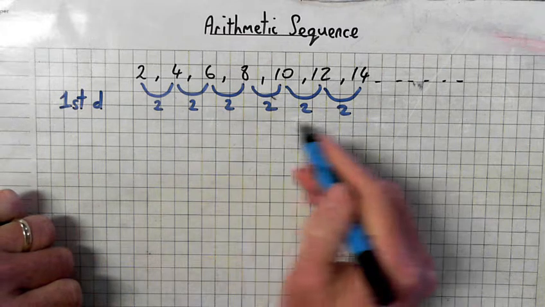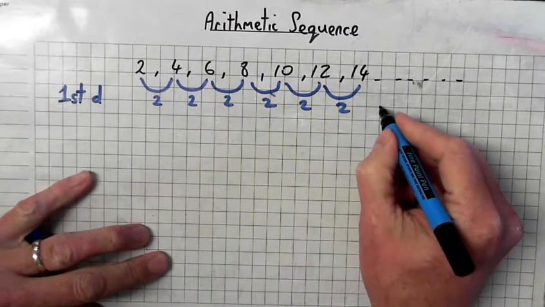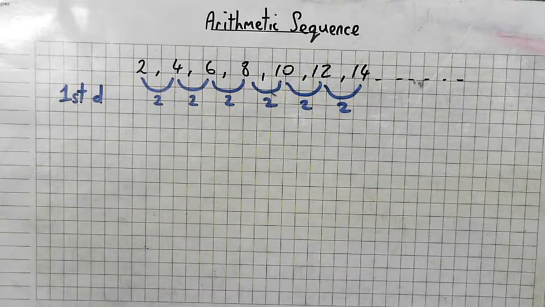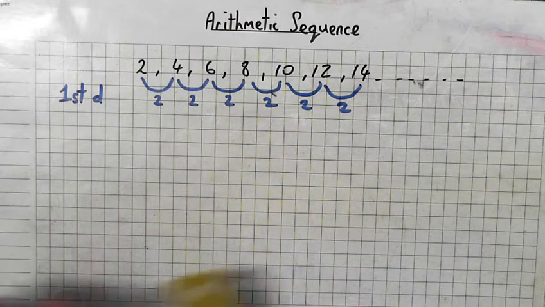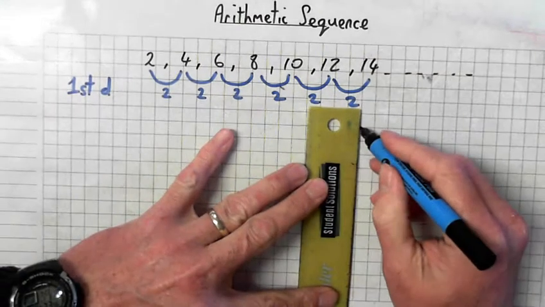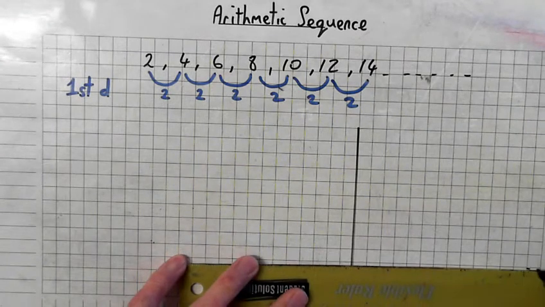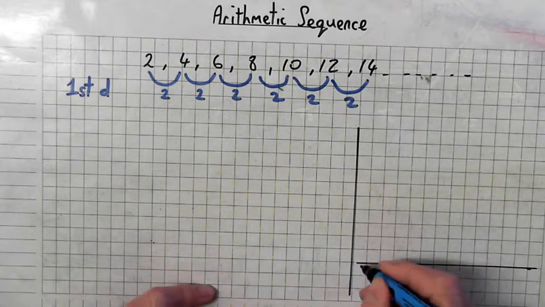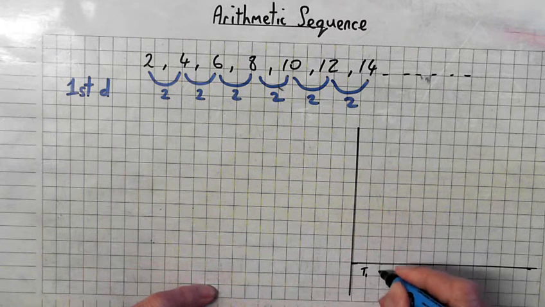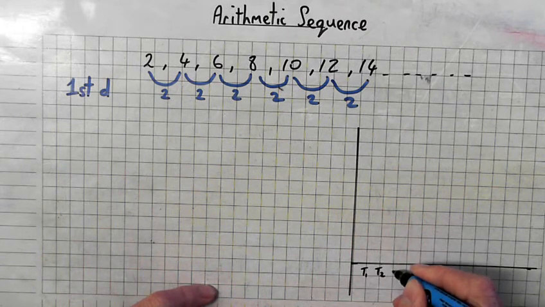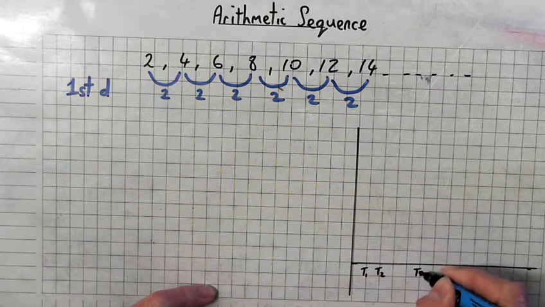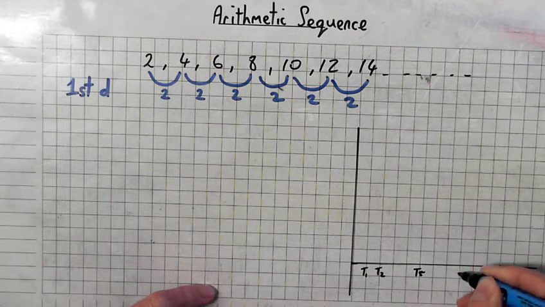Right, if the first difference is 2, if I was to draw this on a graph, we did this yesterday. If I was to draw this sequence on a graph, it would look like this. Right, T1 goes here, T2, T3, T4, T5, T6, T7, T8, T9, T10.